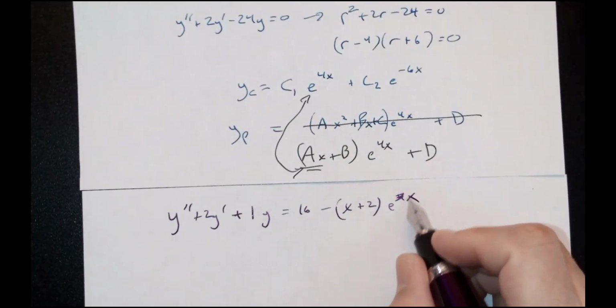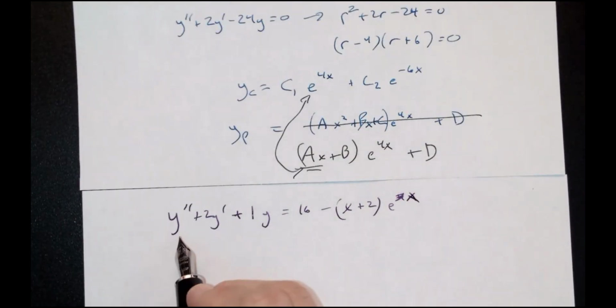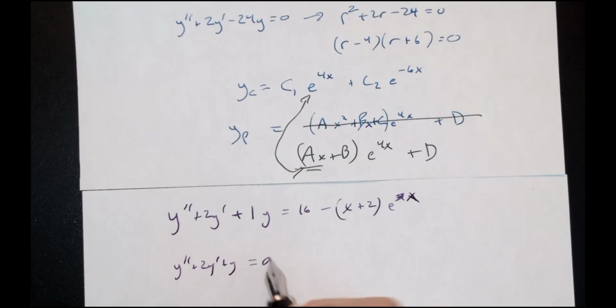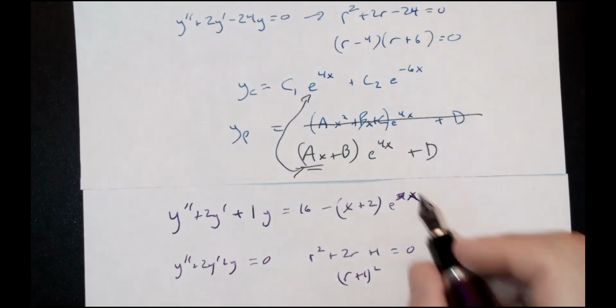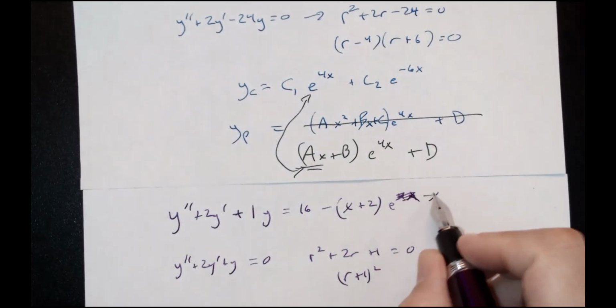So when I solve y double prime plus 2y prime plus y equals 0, that's r squared plus 2r plus 1. That's r plus 1 squared. Oh, I missed, that makes this e to the minus x.